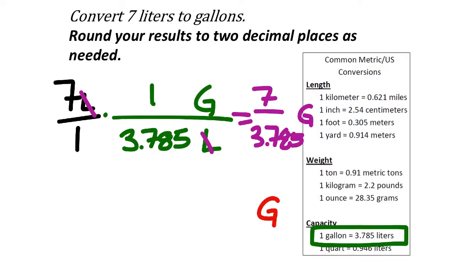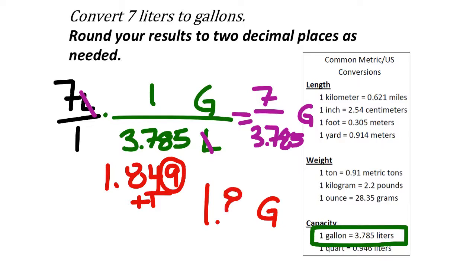Now this does show a long decimal, 1.849-ish. And that's all the decimal I need on this one because we're only rounding this to 2 decimal places to 4. The 9 is 5 or more, which means I'm going to add 1 to the 4 in the hundredths place value, making this 1.85 gallons.